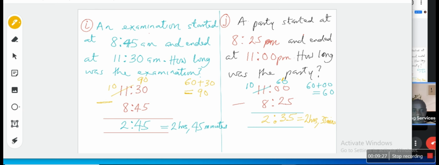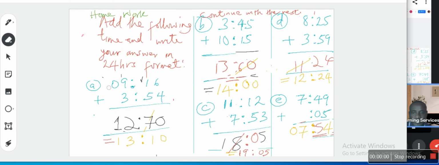Let me see what I can give you again. For instance, if you have 0916 plus 354, what you can easily do, I will recommend that you do this one first before you do the other one.